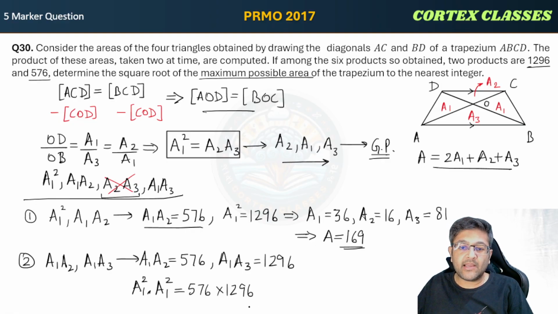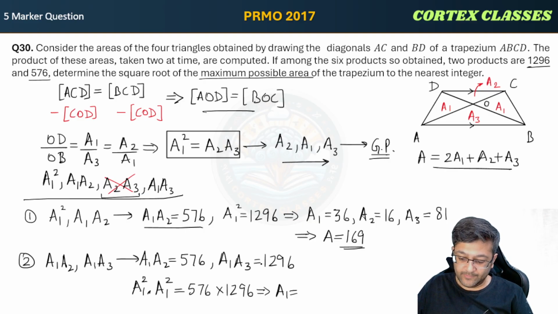थोड़ा complicated दिखेगा. So if you do the product, guys, A1 square तो already है, and the product of A2 A3 also gives another A1 square. So this gives you A1 as power fourth root करना है आपको. So 36 into 24 का square root.